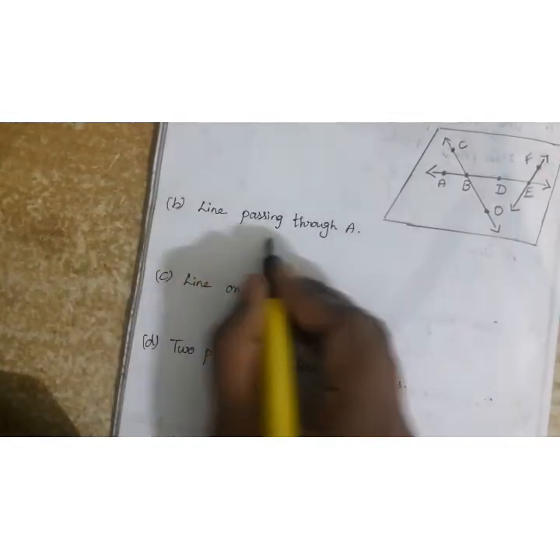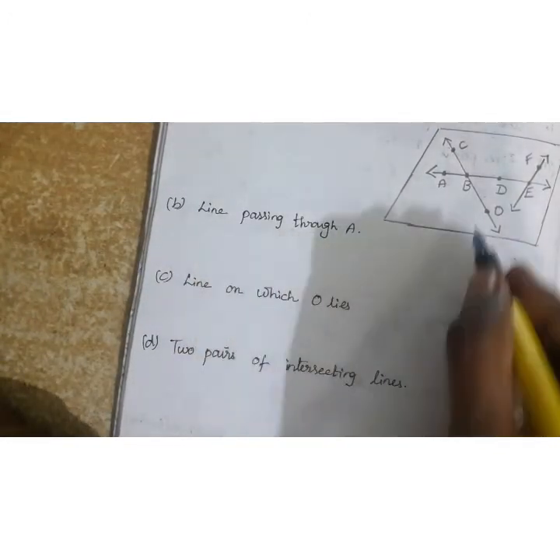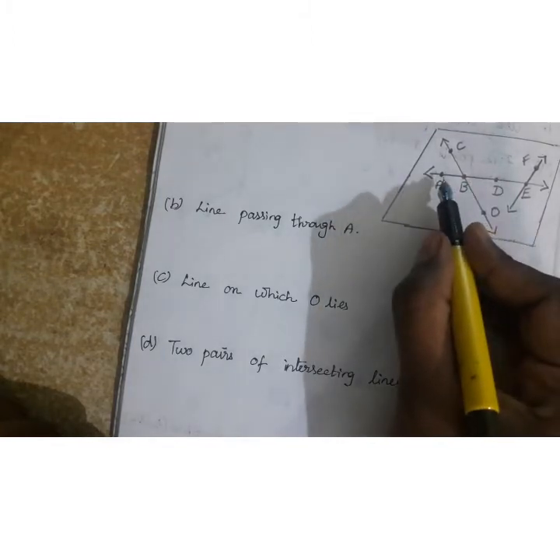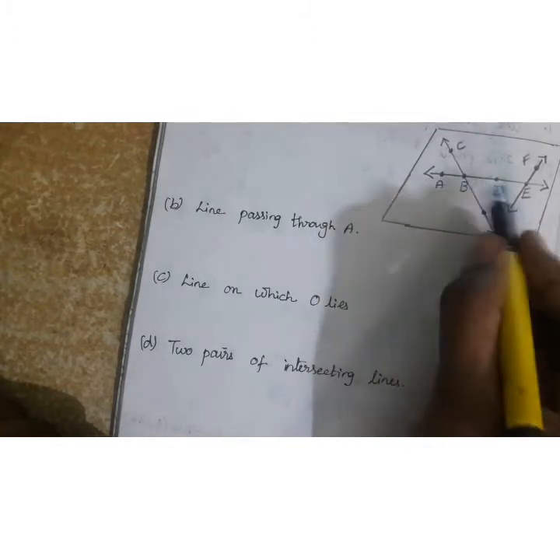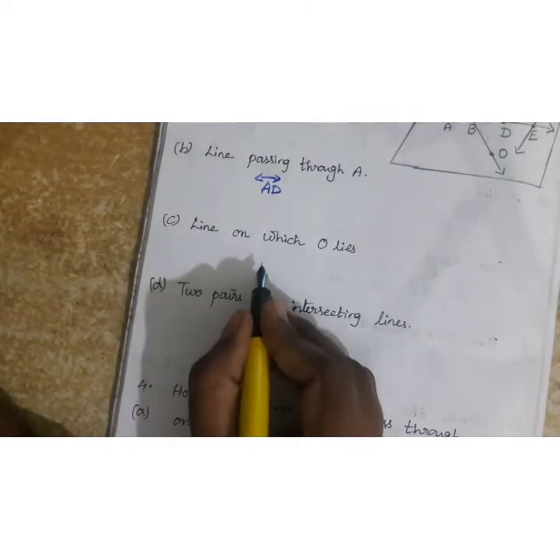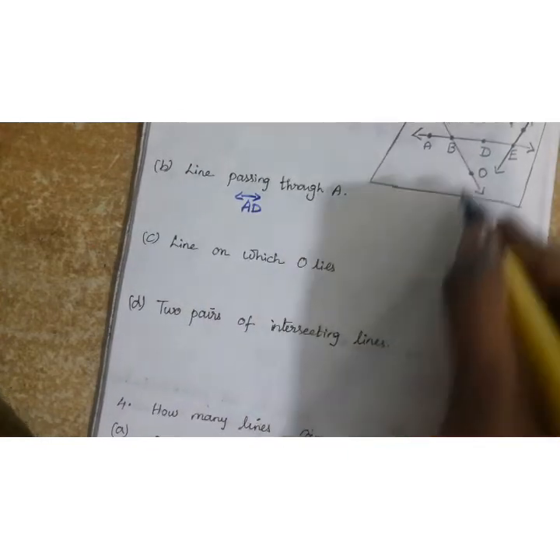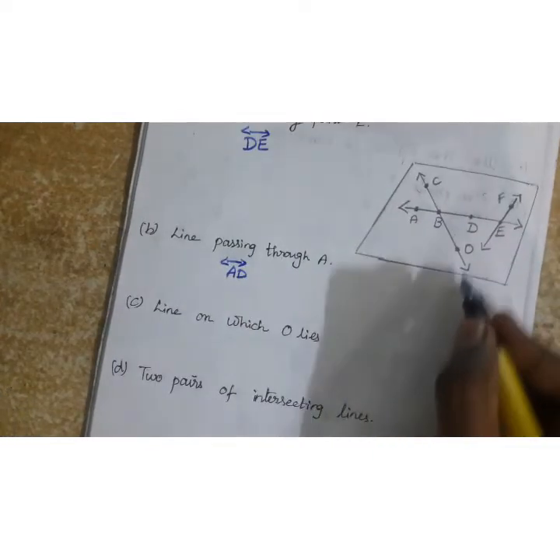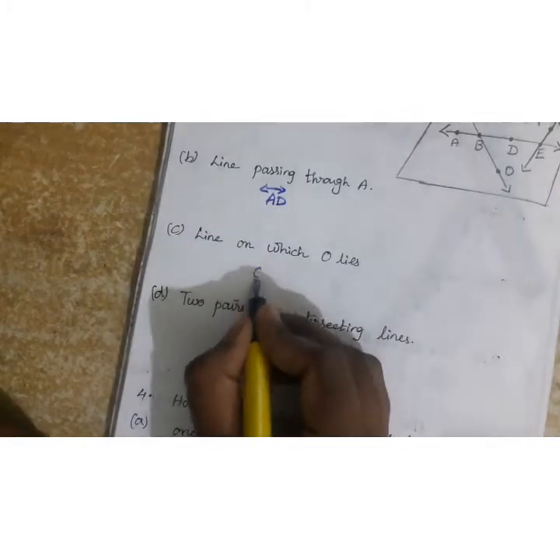B part: a line passing through A. The line passing through A is AD. C part: the line on which O lies. The line is OC.